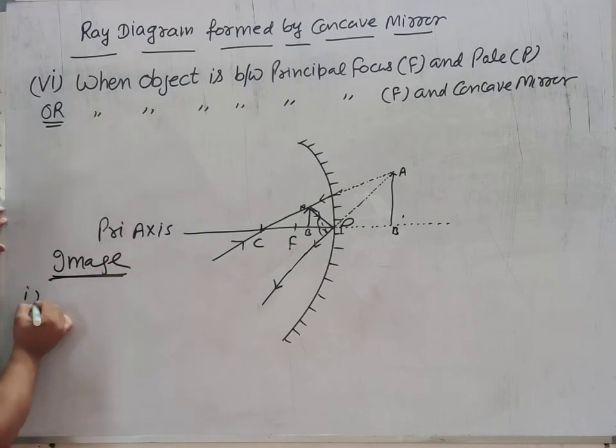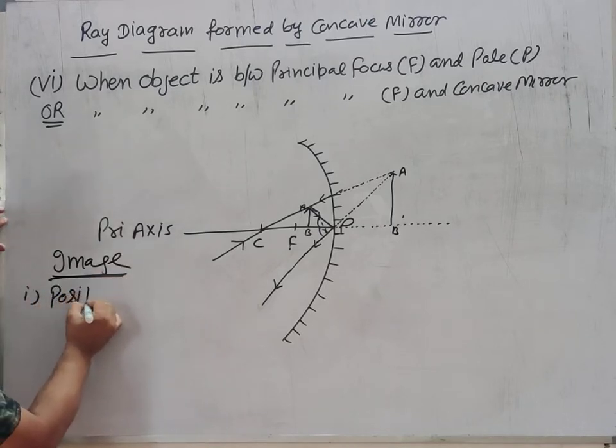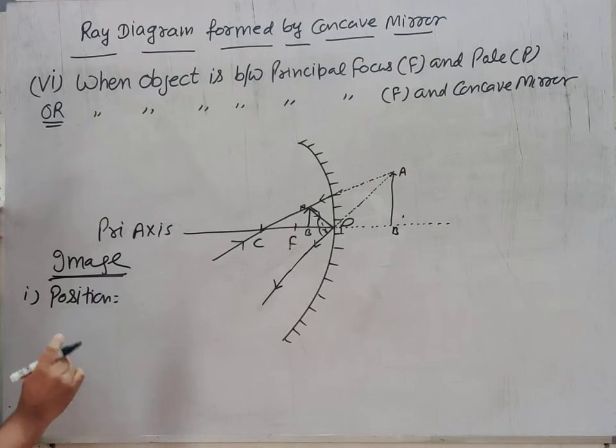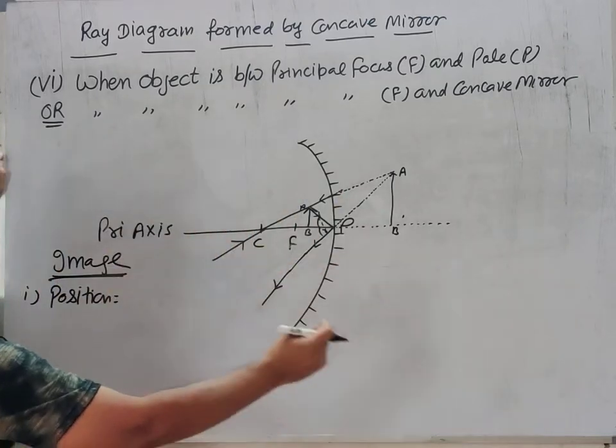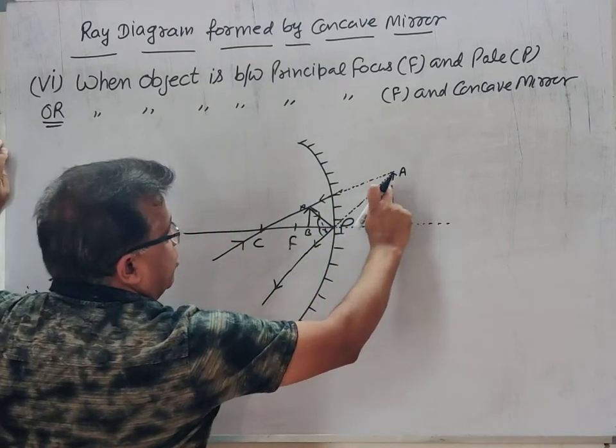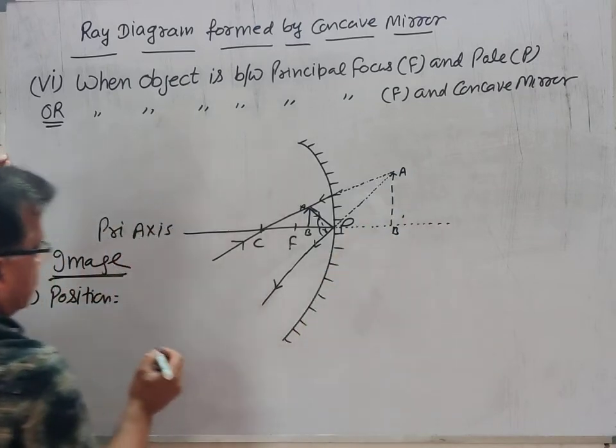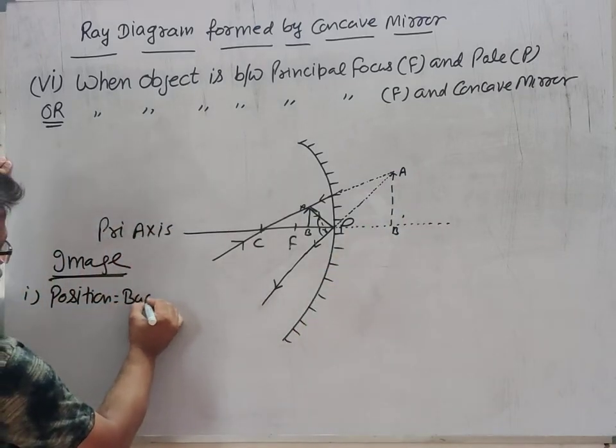Number one, what is the position of the image? The position of the image is on the back of the mirror, and we shall show it by a dotted line.